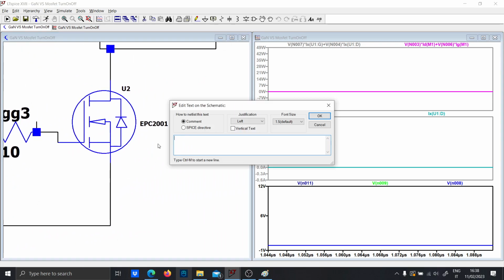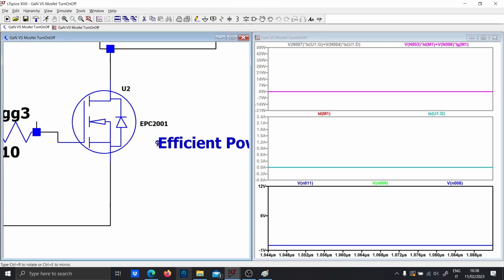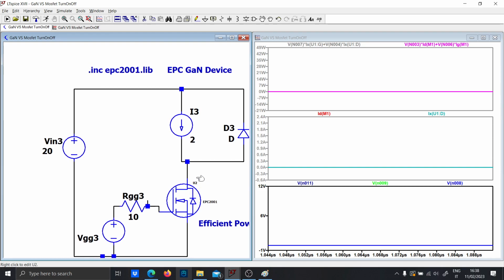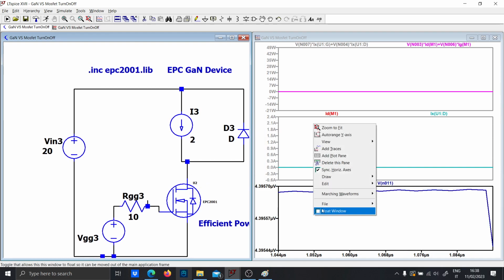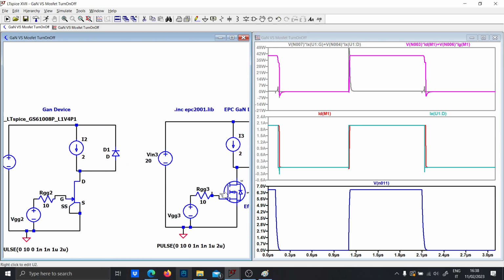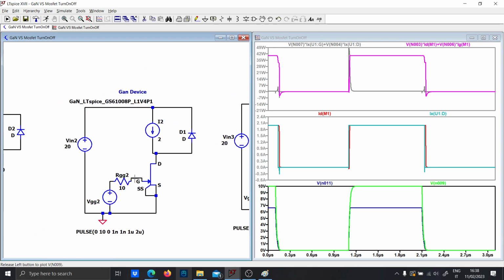This is EPC. EPC stands for Efficient Power Conversion, and these GaN devices are used for power electronics applications because, as you can see, they have a faster rise time even with a 10 ohm gate resistor. So that's really beautiful.